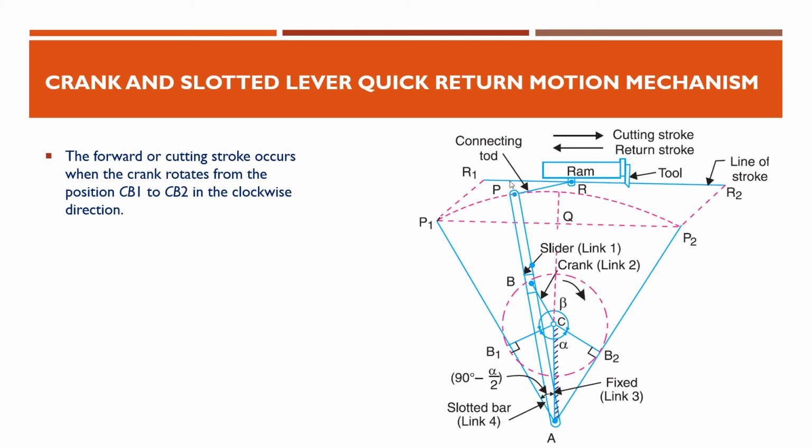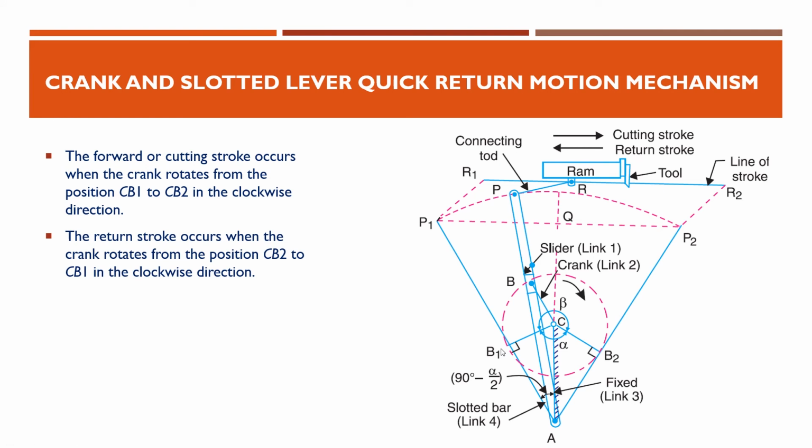So the forward stroke means from CB1 to CB2. Return stroke means CB2 to CB1, that too in the clockwise direction. Both are in the clockwise direction. So return stroke means CB2 to CB1, and cutting stroke or forward stroke means CB1 to CB2.